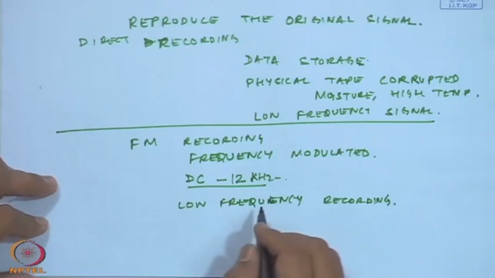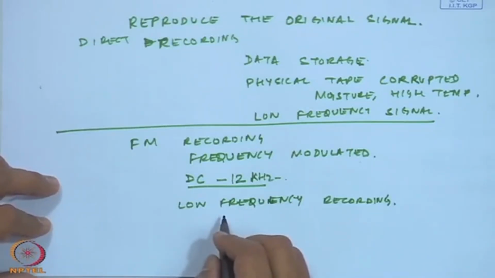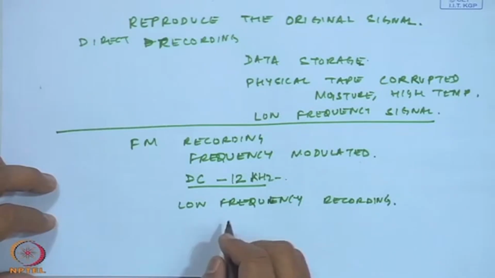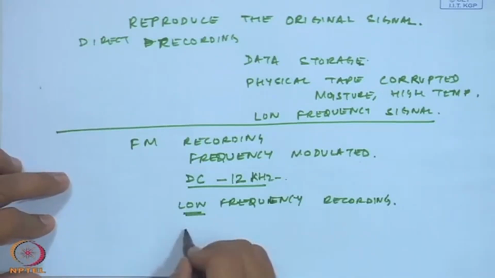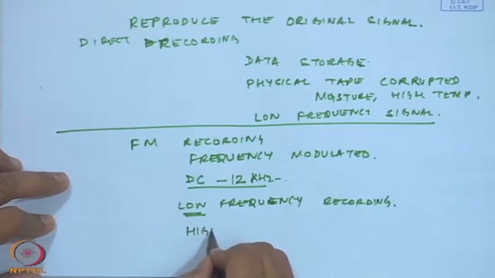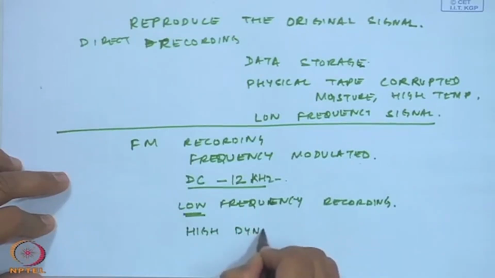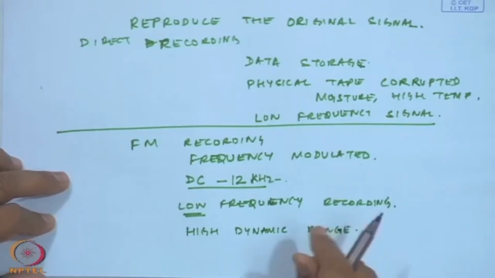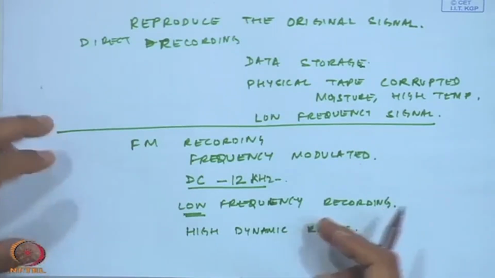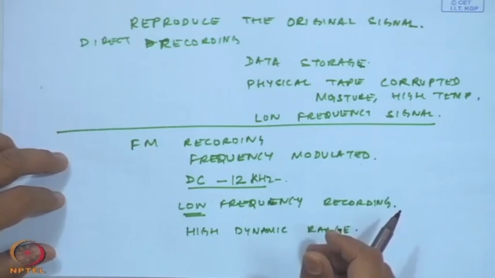Of course, the recording media could again be a spool or a cassette tape and so on, but the advantage is that low frequency recording could be done, and it has a relatively high dynamic range. This was popular from the 70s to maybe the mid 80s.